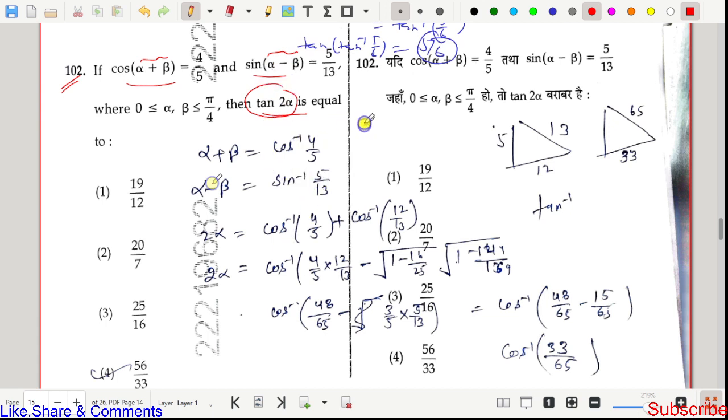So from here we have to find out 2 alpha. So tan of 2 alpha we can write in this form. Check, tan 2 alpha we can write as tan of alpha plus beta plus alpha minus beta.